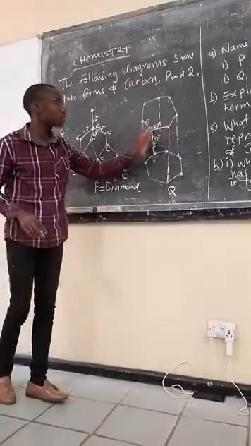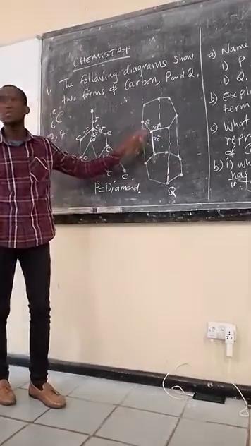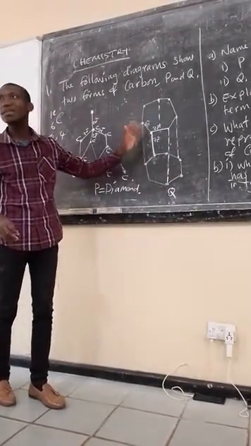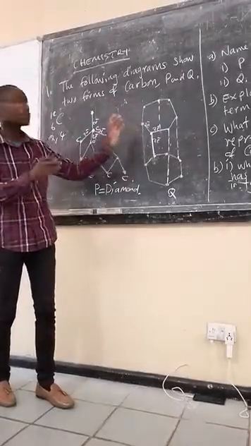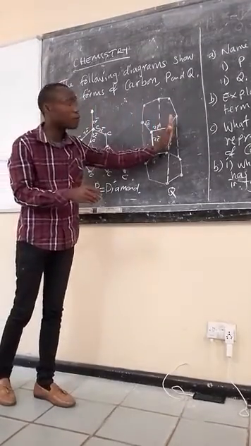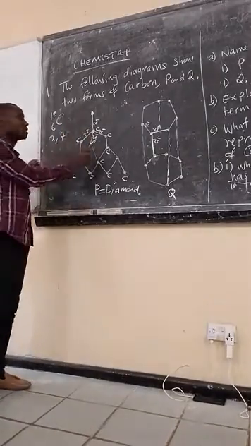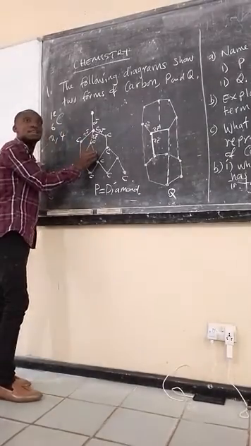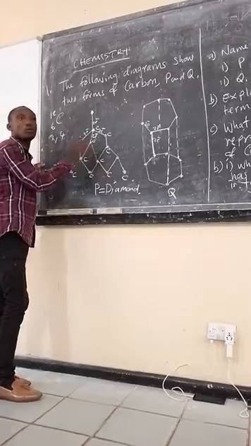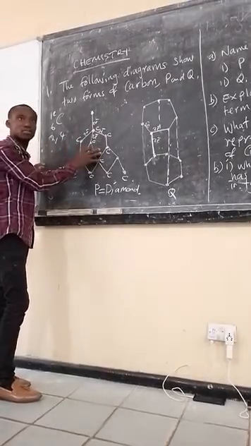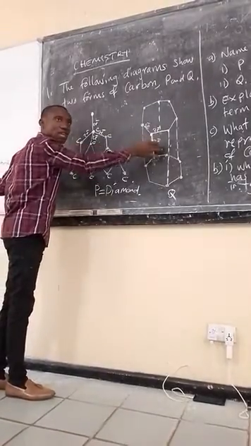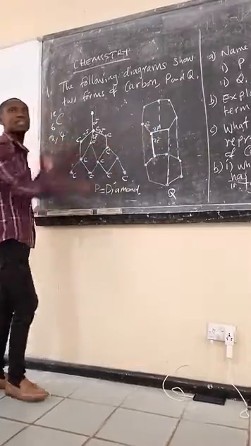But here where we have some free electrons, this bond becomes weak. That's why when you compare this form of carbon and this one, you find that diamond here is very strong. It's a strong bond because there are no free electrons. Here where we have free electrons, it's a weak bond.